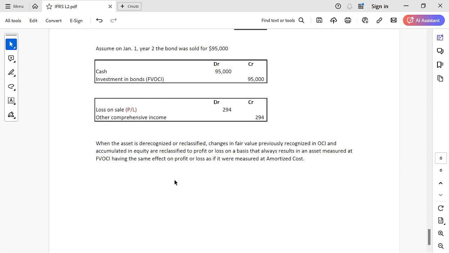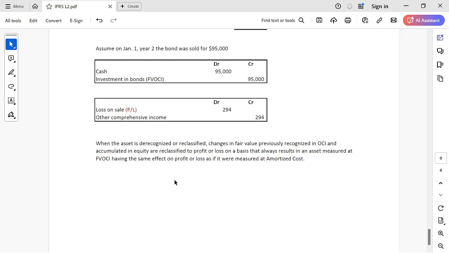But if we are not selling, for example, in 95% of the cases we are holding these bonds to maturity and sales are incidental, it needs to be reclassified to amortized cost. Or on the other hand, if we are acquiring these bonds, nothing is held to maturity in the portfolio, and we keep selling quickly to make short-term profit, then this seems like trading. You need to transfer to fair value profit or loss.